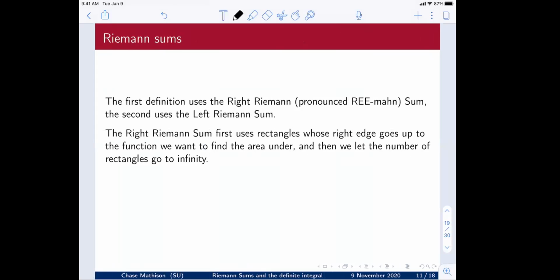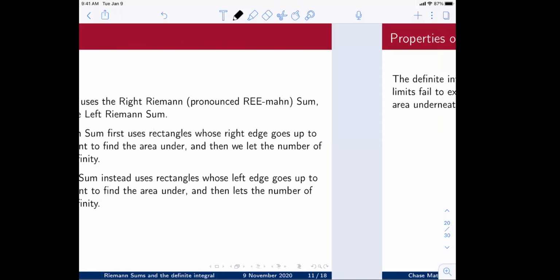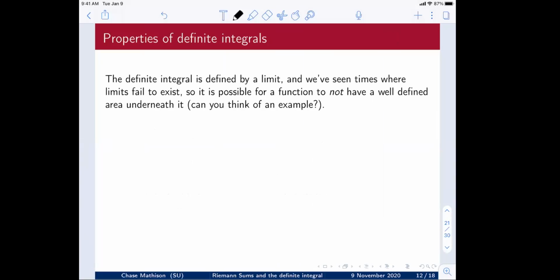Okay. So just as a reminder, with these Riemann sums, we're adding up a bunch of areas of rectangles and then letting the number of rectangles go to infinity. That's all we're doing. So the definite integral is defined by a limit, right? The limit as n goes to infinity of those Riemann sums.